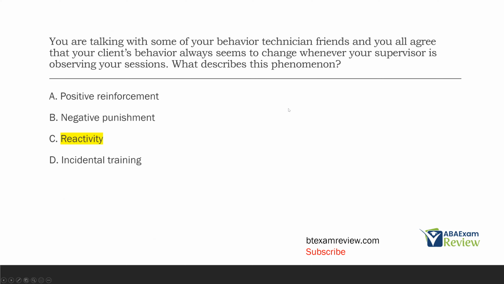So reactivity is the idea that behavior changes in the presence of a new person, essentially, right? So that's why a lot of times technician behavior changes when they're being supervised, and client behavior changes when they're being supervised. They're reacting to the presence of the new person. So what describes the phenomenon of the behavior change in the presence of this new person, the supervisor? C, reactivity.